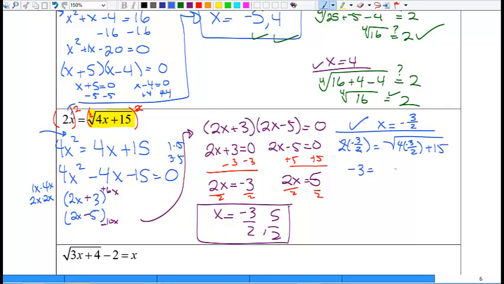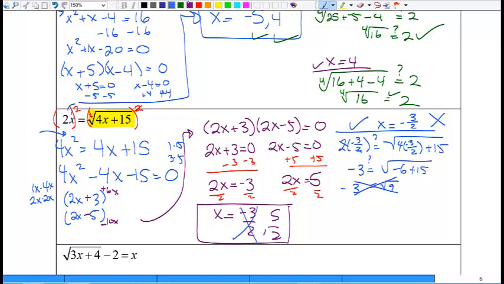That's real nice. 4 times -3 is -12. -12 divided by 2 is -6. I should put question marks on these because I'm not sure if they're true. So the square root of 9, is that equal to negative 3? Uh-oh. The square root of 9 is equal to positive 3, so this is not right. Which means x equals negative 3 halves is not a valid answer.